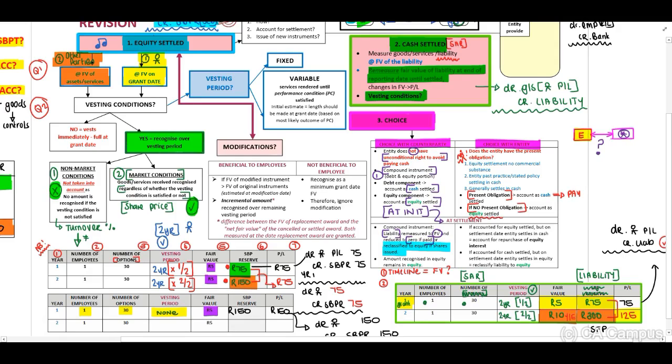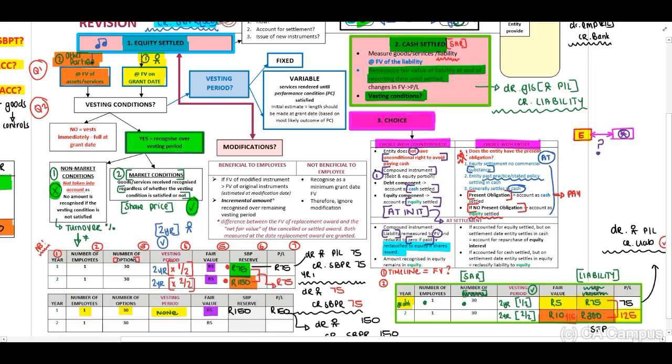Now, how do you determine if there is a present obligation or not? You need to look at commercial substance over legal form. What is the past practice, policies of the entity? And do they generally settle in cash? Remember that this will be at initial recognition.